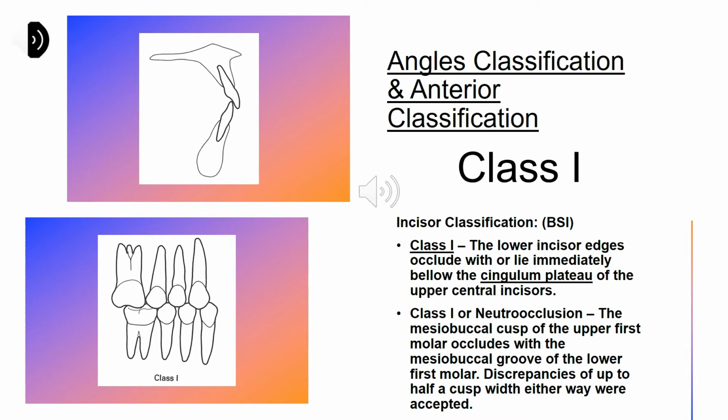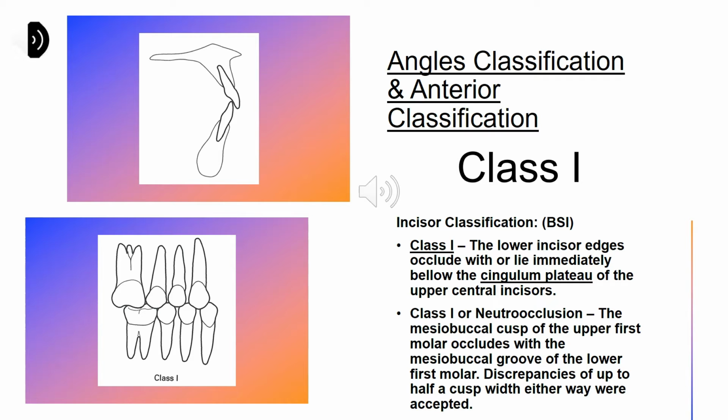Edward Angle developed a system in order to simplify the way we can identify different types of orthodontic treatment systems. It is based on posterior relationship, and for Class 1, it would mean the mesiobuccal cusp of the upper first molar occludes with the mesiobuccal groove of the lower first molar. So Angle's classification is always based on posterior relationship.